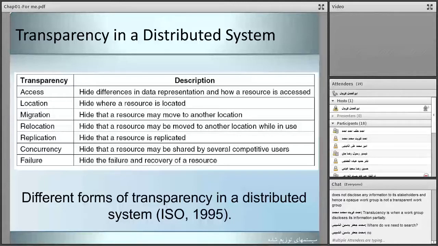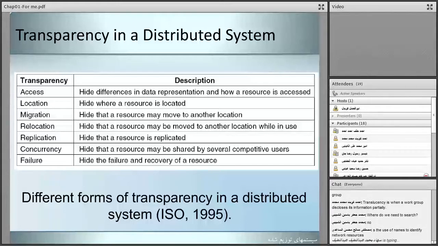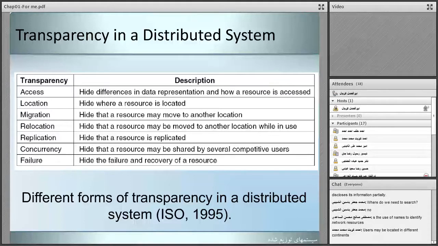We talked about it a lot. I'm waiting for other students. What is location transparency? Users may be located in different continents. It's not complete.